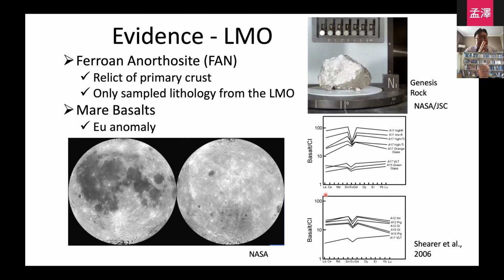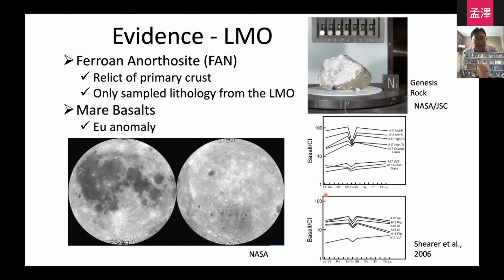And the other evidence I show here is the europium anomaly in mare basalts. As we know, the mare basalts are solidified melt, which originated from the lunar mantle.